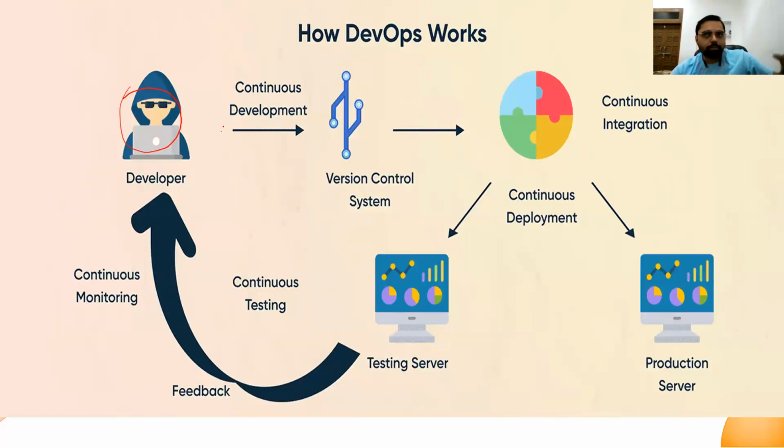And after updating some code on the version control system, as I told you, Git or GitHub. To manage the code, or the version control system, we use Git and GitHub. Apart from that, you have continuous integration. Continuous integration means how you are integrating or releasing your application.